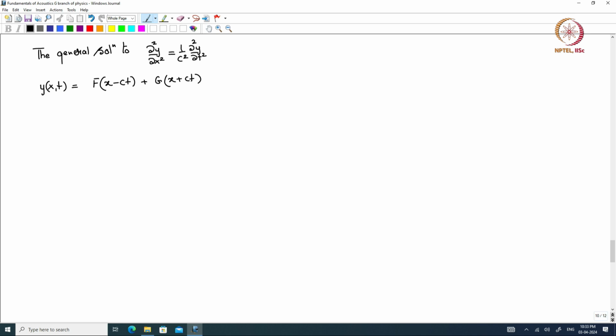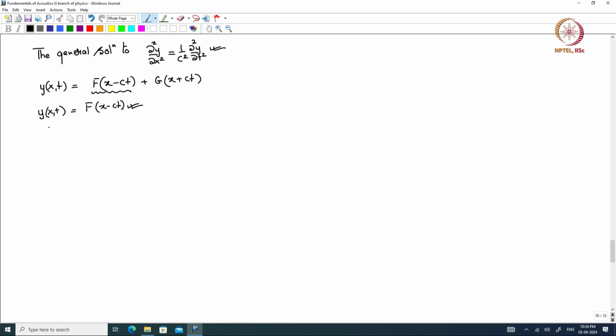Now, we can test this out. We will consider this one function. Let us say y(x, t) is equal to f of x minus ct. We will substitute this into this equation and see if it satisfies.